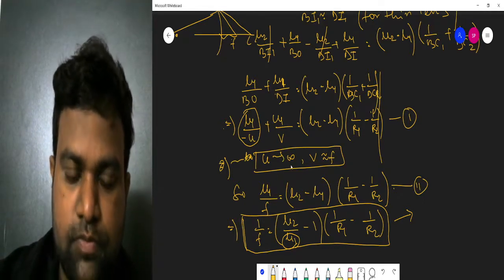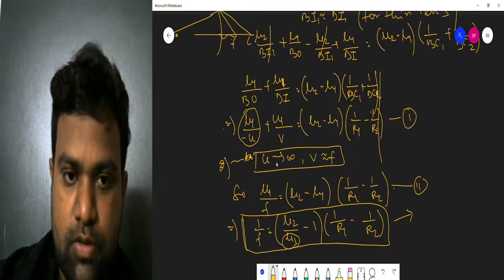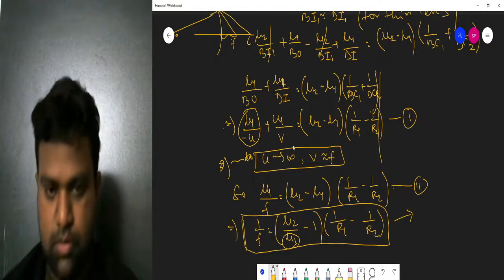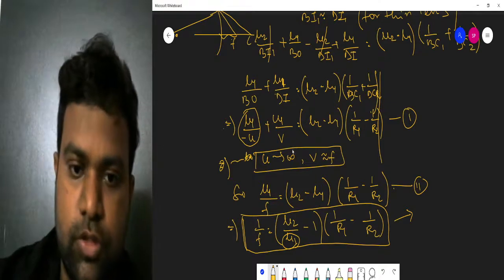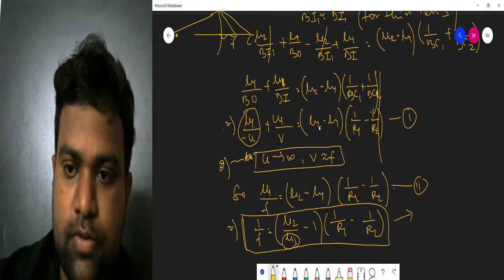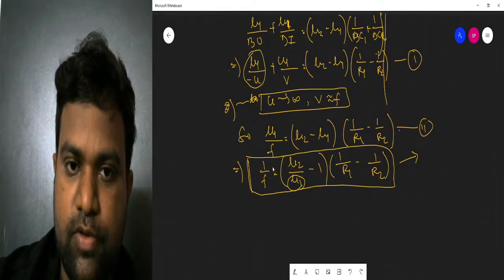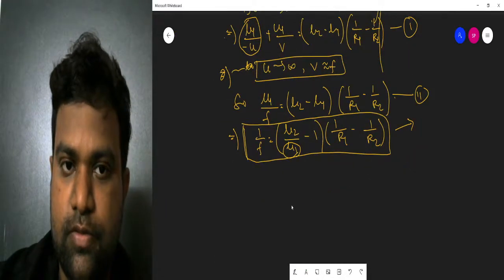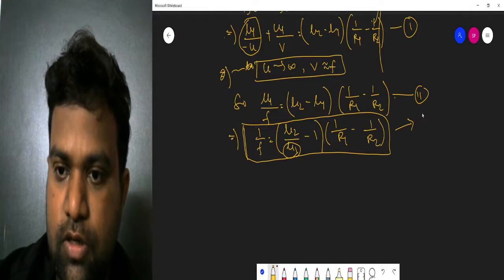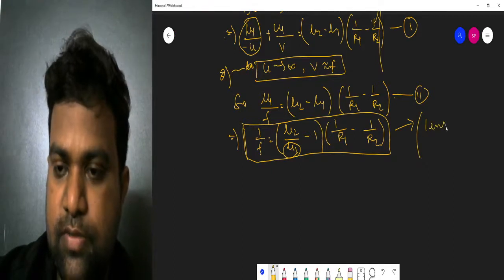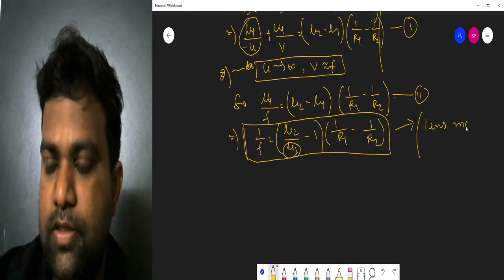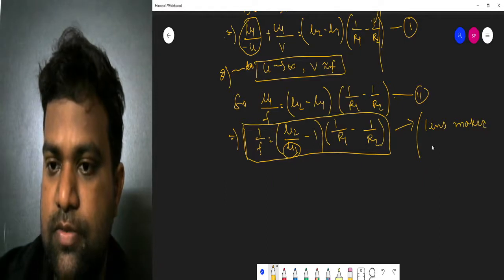Okay, so the left side should be equal. Okay, before that let me write, this is called, this is your lens maker formula. So this was our also objective, to derive this formula.